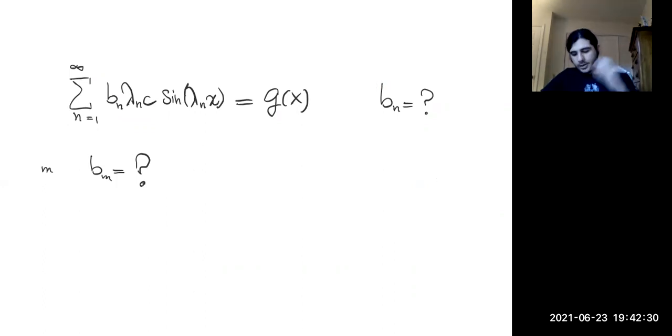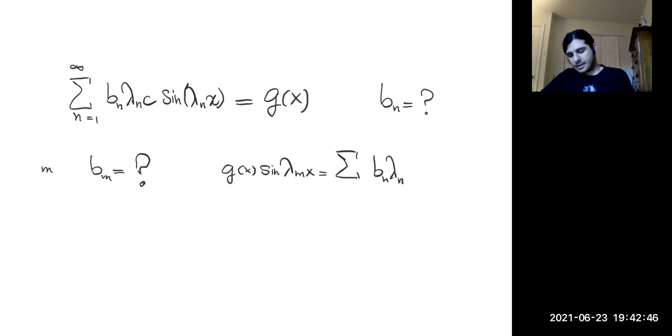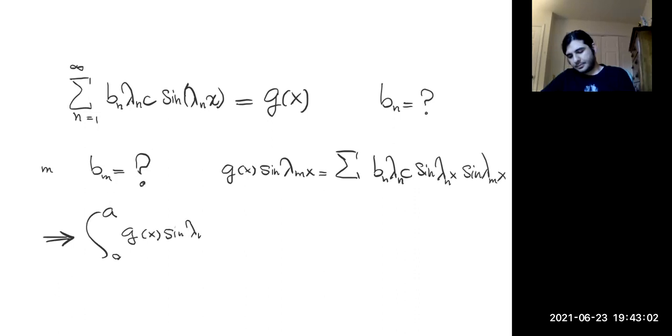Let's do it. In order to find b_m, I should multiply everything by sine of lambda_m x. So g(x) sine of lambda_m x would be equal to the sum of b_n lambda_n c sine of lambda_n x sine of lambda_m x. The next step again would be integrating with respect to x from 0 to a.